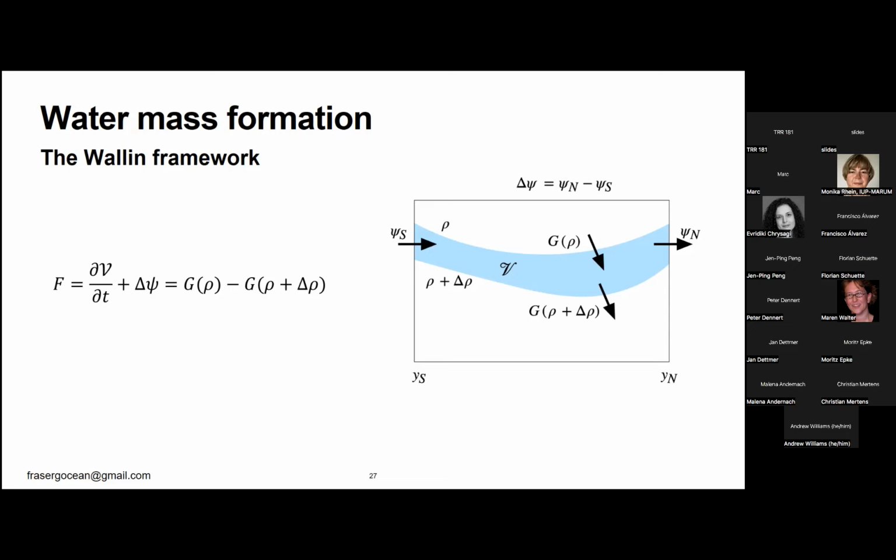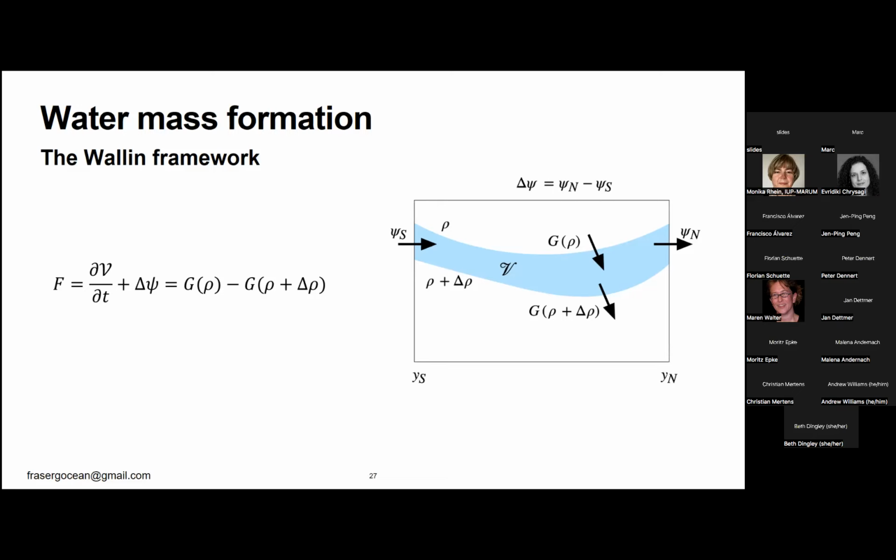One of the questions I posed at the start was whether the instability has a role in the overturning budget of the AMOC. And we can think about the water mass formation framework proposed by Bennett. In this framework, we think about the volume of isopycnals and how that changes over time.